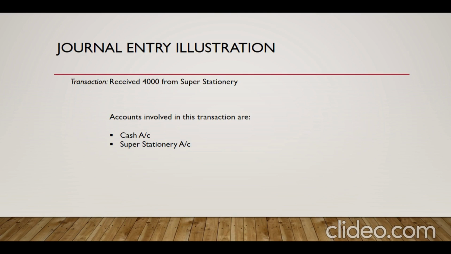So we received a sum of 4,000 rupees from a buyer, and the accounts involved in this transaction are the cash account and the buyer's account. Naturally there is an increase in cash because we receive cash from a buyer, but we need to reduce our accounts receivable account, which are dues from the customer, to the extent of the amount that we receive.